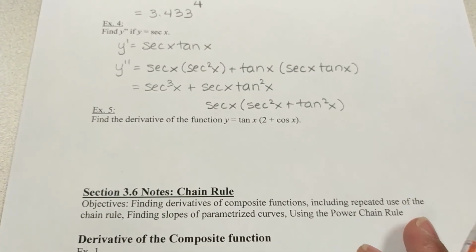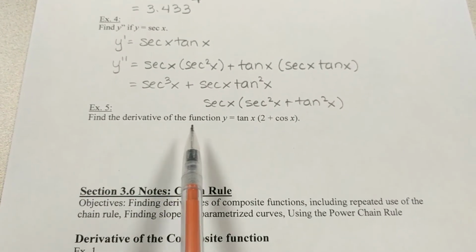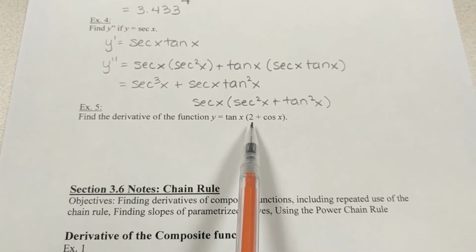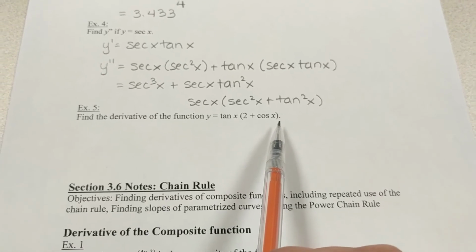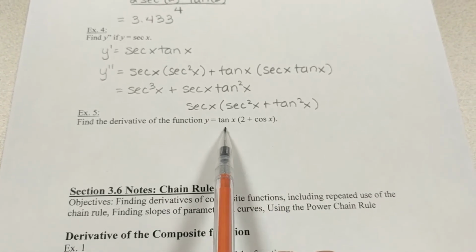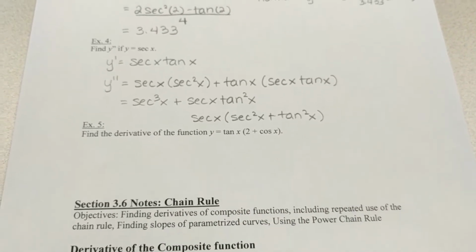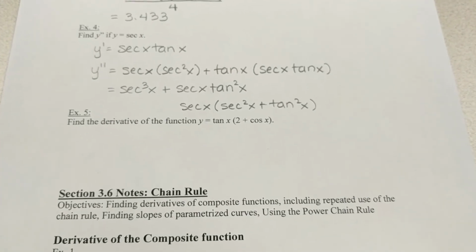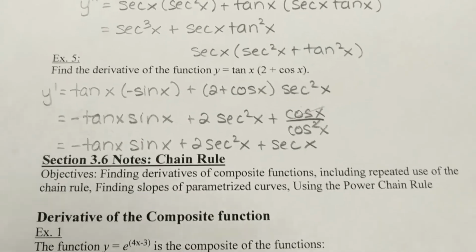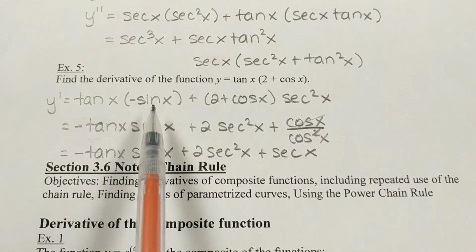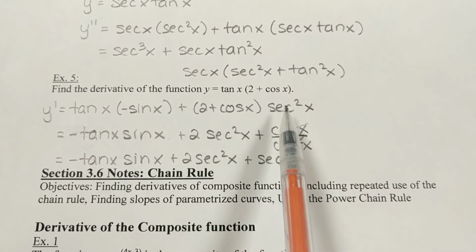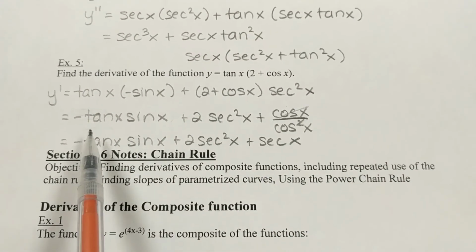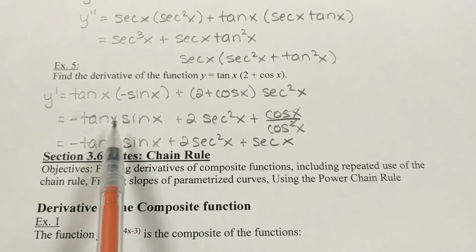Last but not least, it says find the derivative of the function tangent of x times 2 plus cosine of x. So this again is a product rule. Would you please find that derivative? Again, I did first times derivative of second plus second times derivative of first. So I get negative tangent x sine x here.